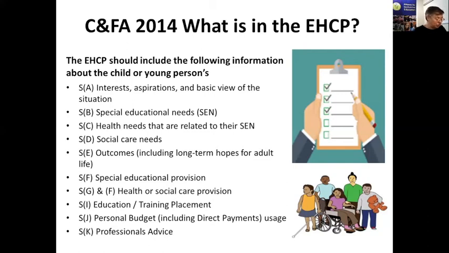Further, there is a duty placed upon the local authority to both cooperate and jointly commission education and healthcare provision for children and young people with special educational needs. In practice, it should mean that children and young people with special educational needs are able to access all the support they require to flourish within mainstream education settings.